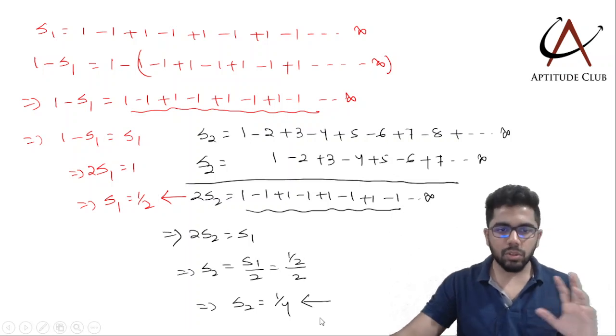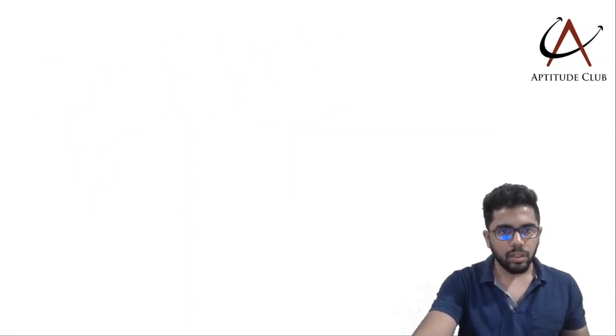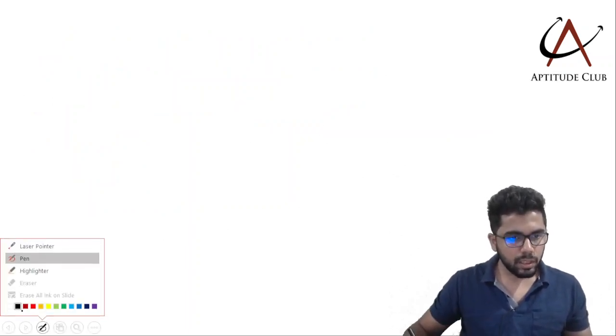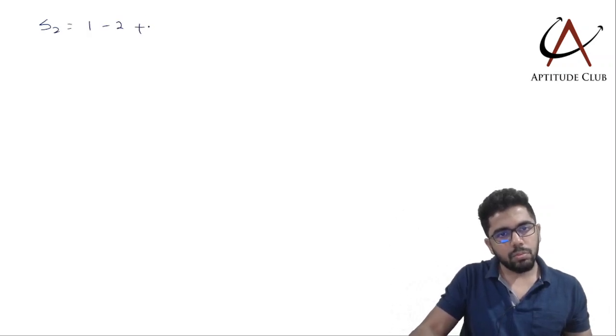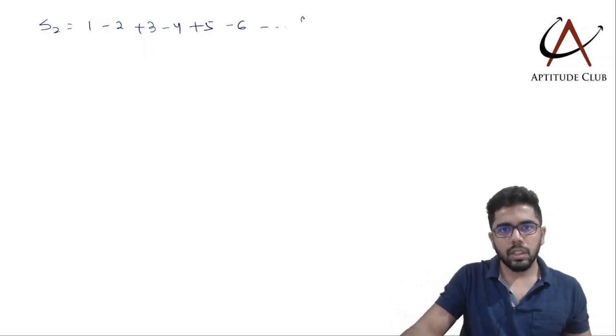So far we have got two results. Let me summarize it here. I have got S2, which is 1 -2 +3 -4 +5 -6 till infinity, and I got this value as -1 by 4.